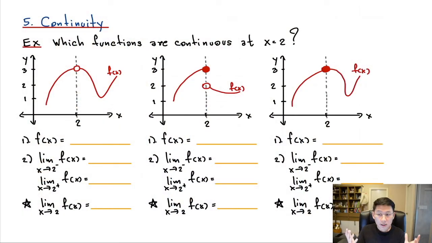Let's first begin by looking at these examples. Which functions are continuous at x equals 2? If you look at the first function here, at x equals 2 you have a white point, which means that f(2) doesn't exist.